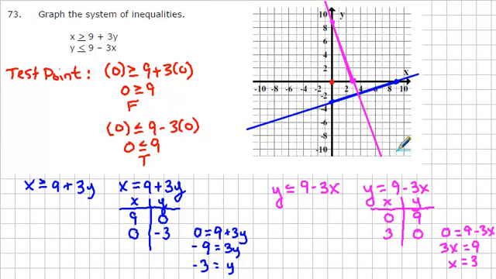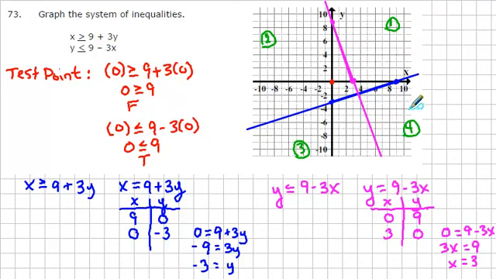All right, and what we notice now is that our two lines have divided the plane into 4 regions. If we like, we could label this: region 1, region 2, region 3, and region 4.